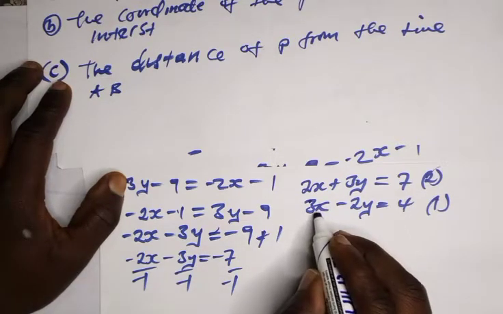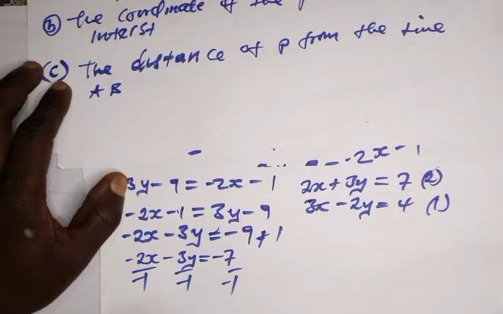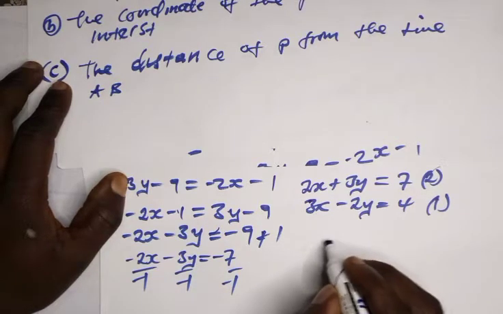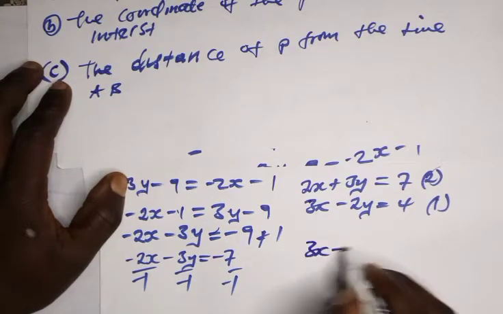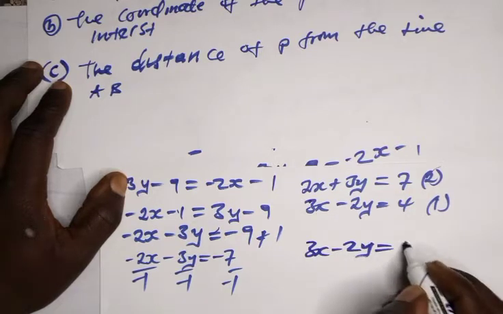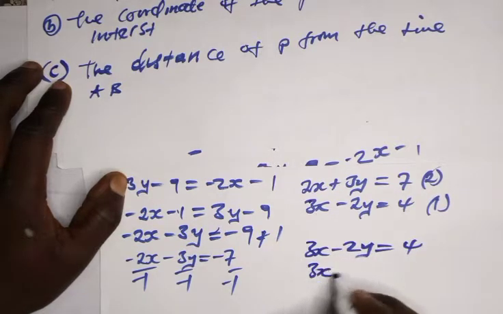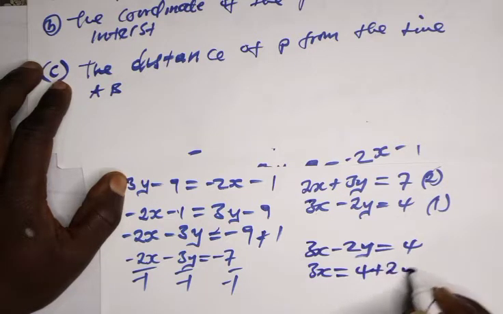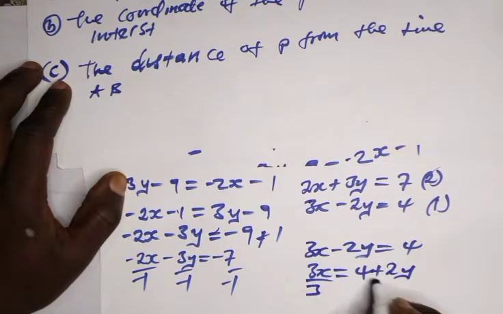Okay, x the subject of the formula, we are going to use the substitution method. Then it will be 3x minus 2y equals 4, then 3x equals 4 plus 2y, divided by 3, then x equals 4 plus 2y over 3.